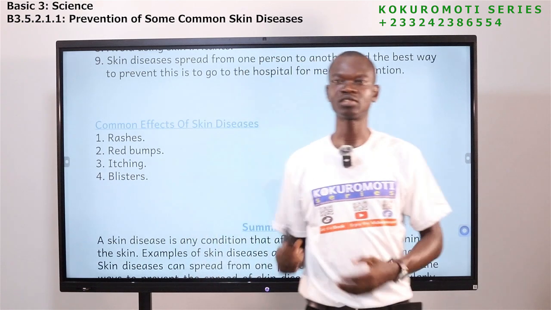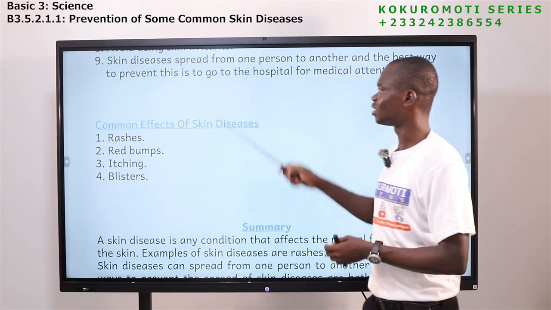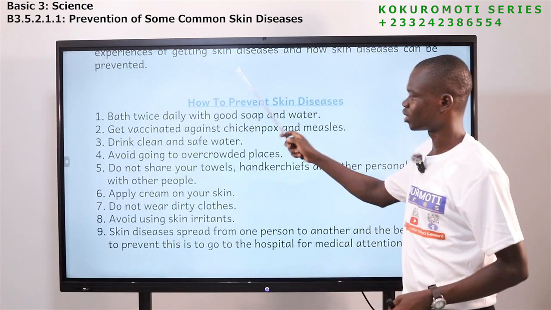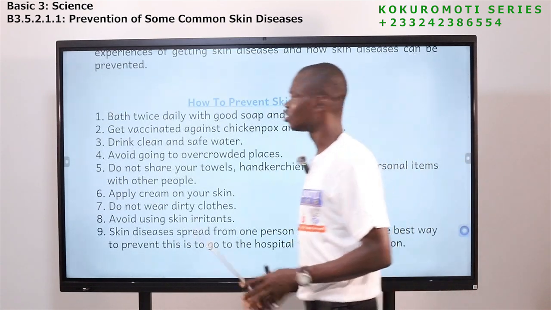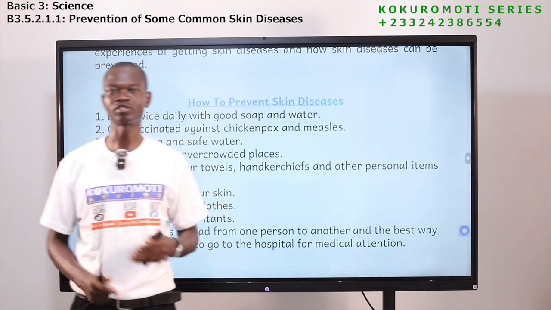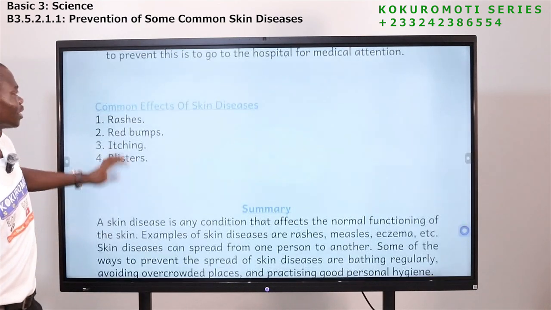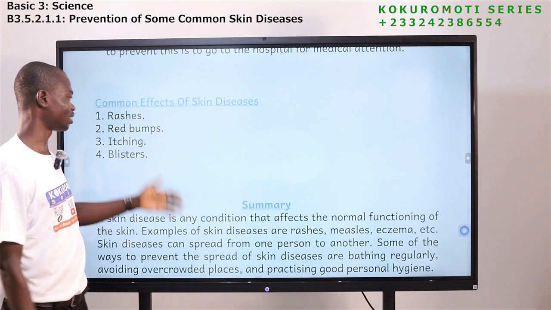We have looked at these common ones and how to prevent ourselves. In fact, the prevention is very important to me. We have learned about 9 ways of preventing ourselves from skin diseases. Let's try to prevent ourselves from skin diseases. We have also looked at the effect of skin diseases.